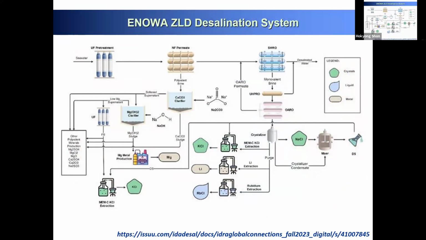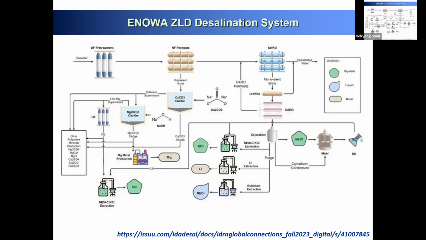Also, this is an example of some specific ultrafiltration and nanofiltration. They precipitate calcium carbonate and, at the same time, magnesium hydroxide, and then magnesium metal can be produced with the electrochemical process. And then you have a lot of different products: magnesium sulfate, chloride, magnesium oxide, calcium sulfate, calcium carbonate, and sodium sulfate are produced from this section.